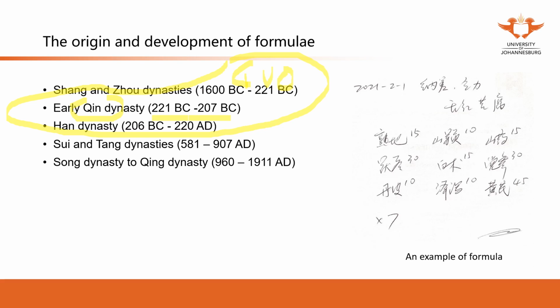You can see some ingredients in one formula. In these books, they don't recommend using one single herb by itself. They use a group of herbs. So these books we can see today.